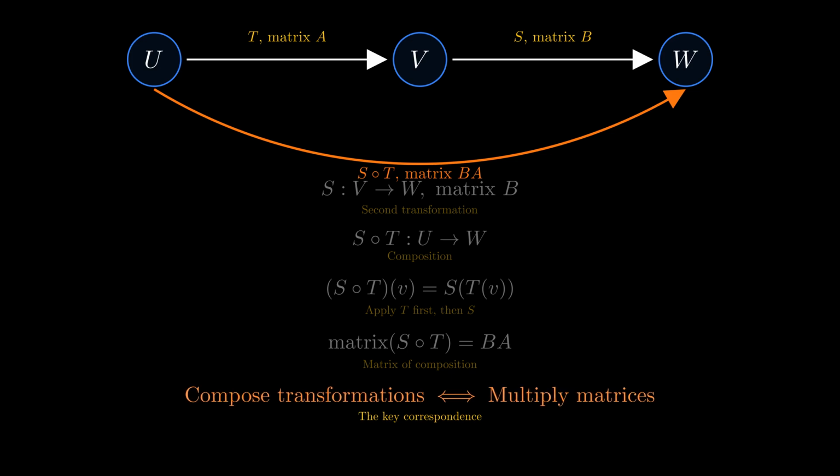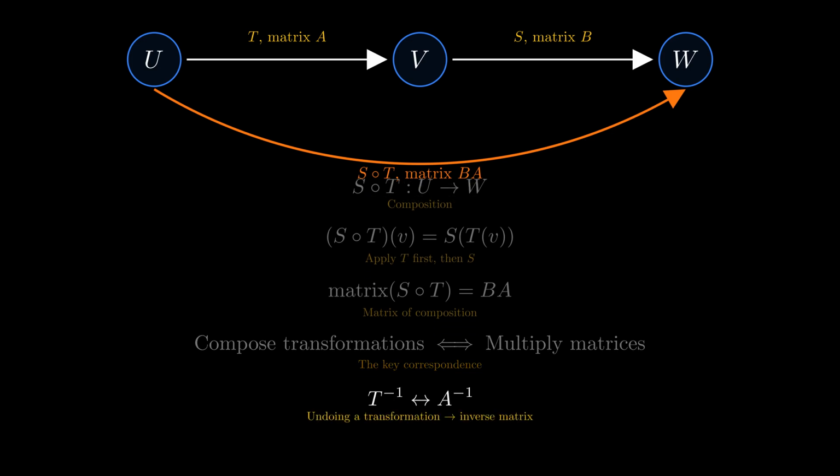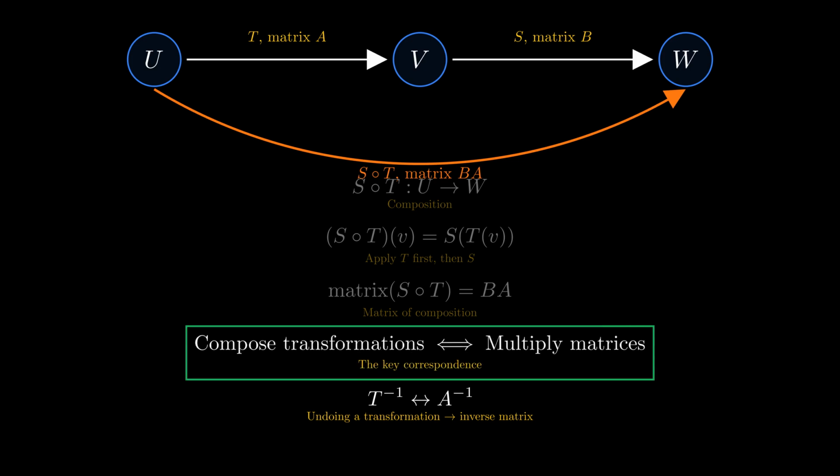That bizarre row times column formula isn't arbitrary. It's forced by function composition. And undoing a transformation corresponds to the inverse matrix. The structure of matrix algebra is the structure of how functions chain together. Linear algebra and function composition are the same idea wearing different clothes.